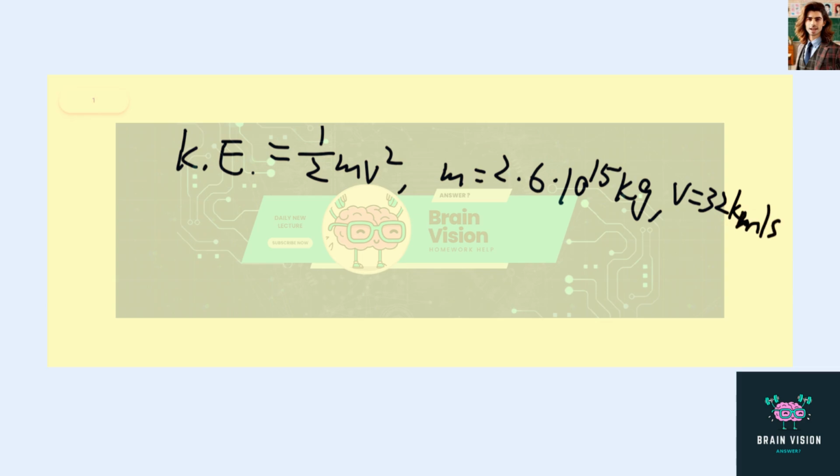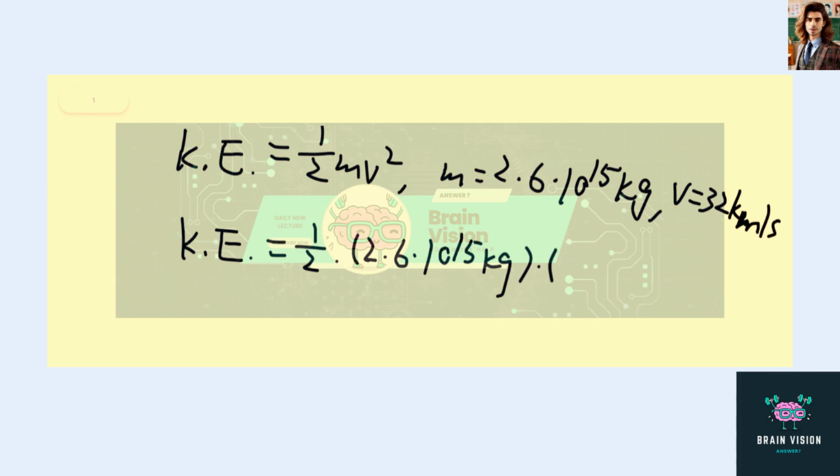Okay. So kinetic energy will be equal to 1/2 times 2.6 times 10 to the power 15 kilogram times 32 kilometer per second, which is 32 times 10 to the power 3 meter per second, because 1 kilometer is 10 to the power of 3 meter, okay?